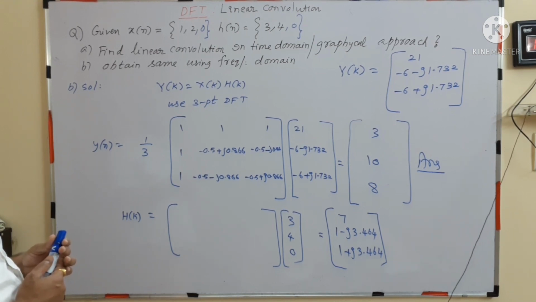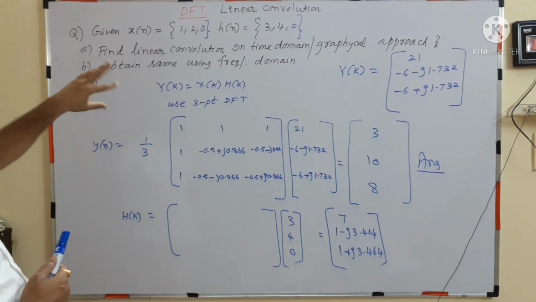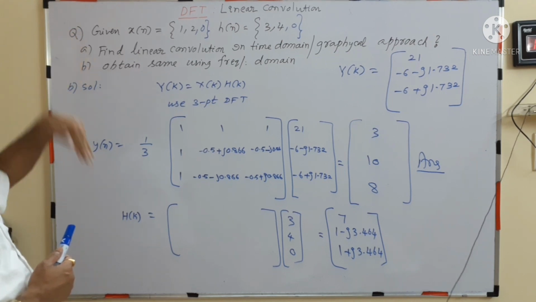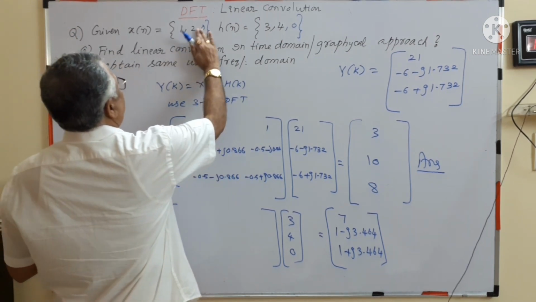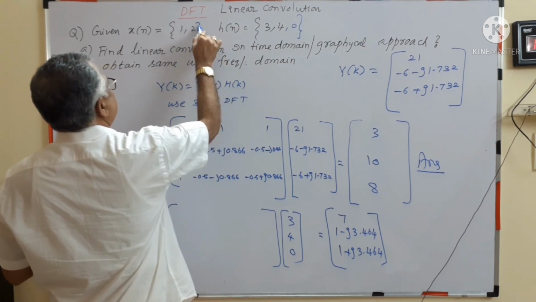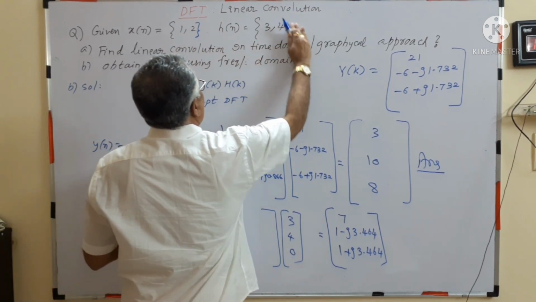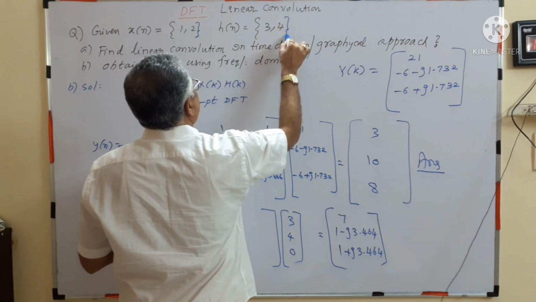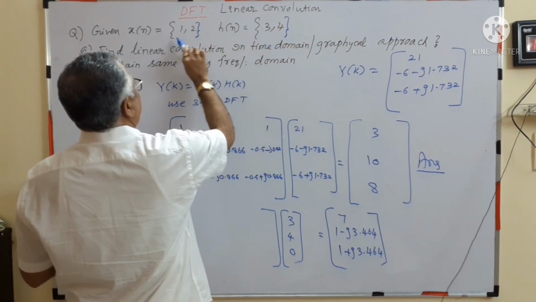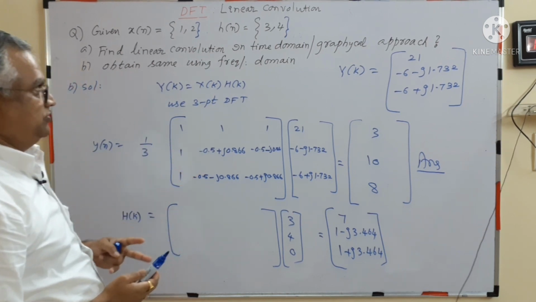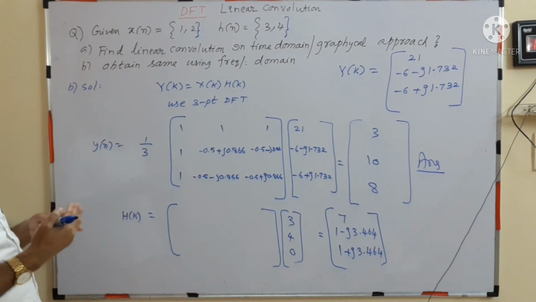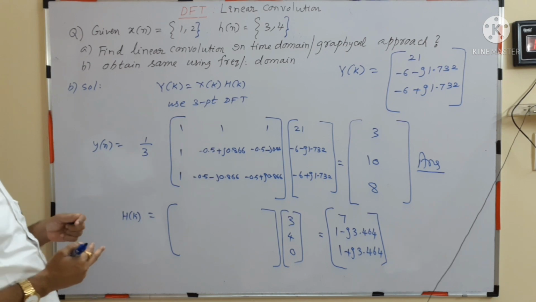How to obtain circular convolution answer from linear convolution? Circular convolution. Here how many values are there? 2 values. Here how many values are there? 2 values. If you do circular convolution, the resultant answer also contains 2 values.